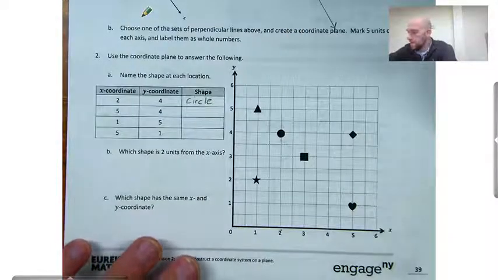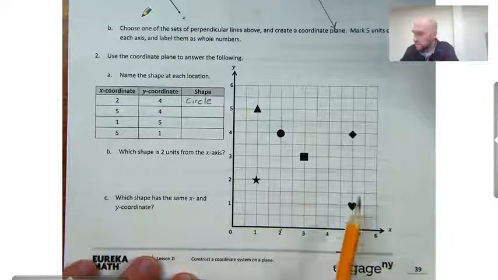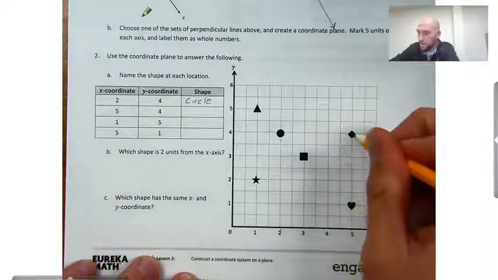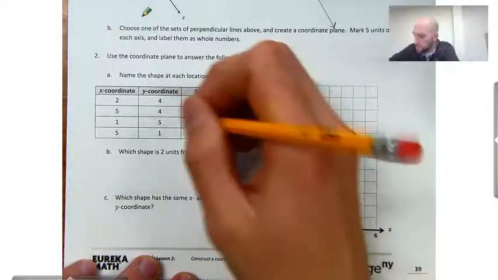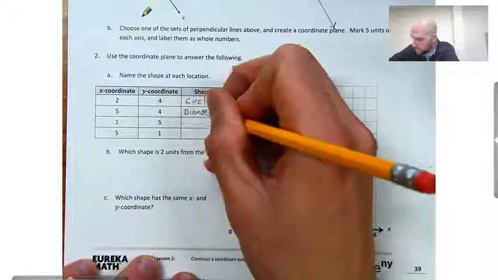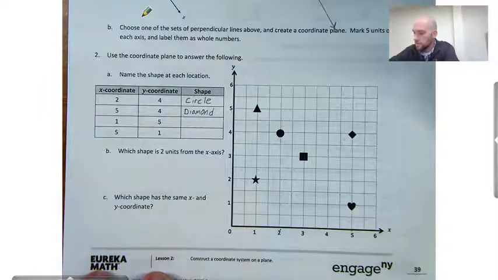All right, next I need to find 5, 4. So I have 5 on my x-axis. I go up to 4 on my y-axis, and I'm looking at this shape right here. And that one's a diamond, so we're going to call that one a diamond. Next, we have to take our x-coordinate of 1 and our y-coordinate of 5.